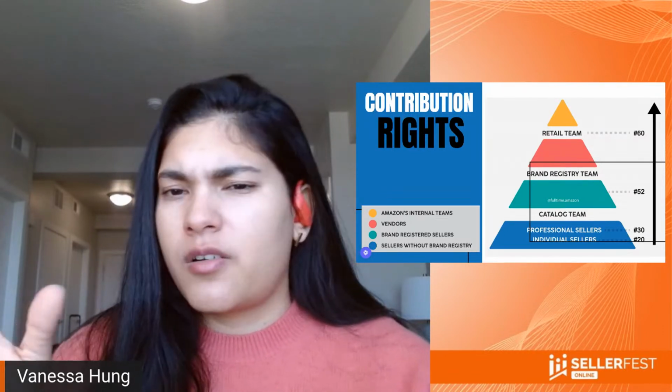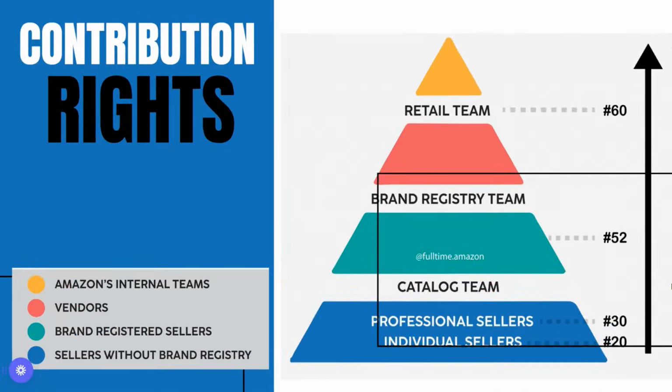Then in the pink or orange section, we have vendors, right? Those are Amazon 1P, first party sellers. That's Amazon itself. They have higher contribution rights. When a listing is touched by a vendor, it belongs to vendor center, or it belongs to a retail team.